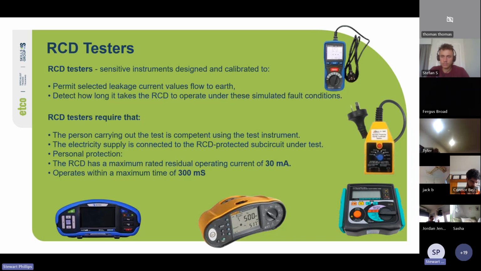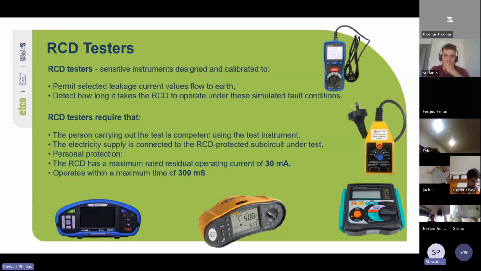Me personally, as you're getting towards 20 or below, yeah. RCDs have a sensitivity range and may trip at residual currents as low as 50 to 70% of the rated value, meaning a 30 milliamp RCD could trip at currents as low as 15 to 21 milliamps in some cases.